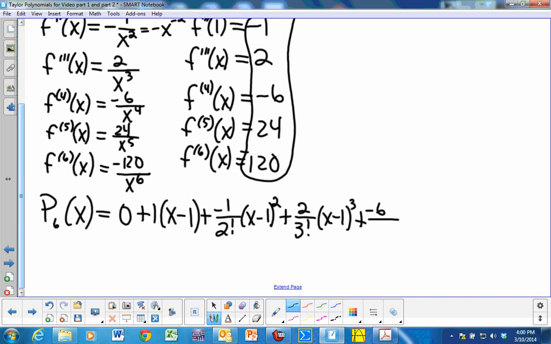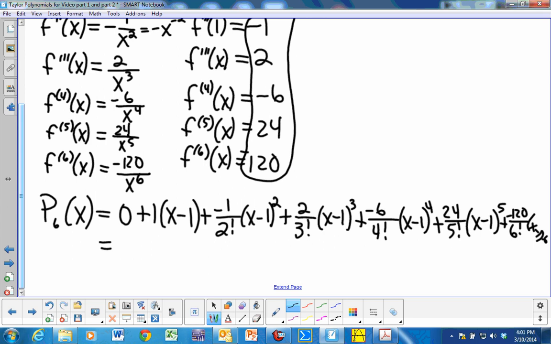Then it's coefficient over 4 factorial x minus 1 to the 4th, and then coefficient over 5 factorial x minus 1 to the 5th, and then the coefficient over 6 factorial x minus 1 to the 6th. So we could get rid of the 0 at the beginning, and then we can straighten this up a little bit. This is x minus 1, and then instead of plus, since it's negative, we'll write minus, and it's really just 1/2 x minus 1 squared plus.